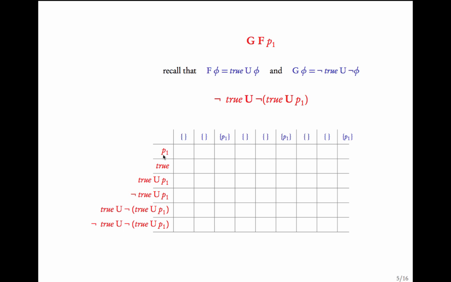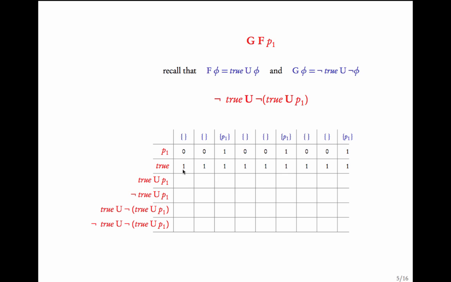Let us now evaluate each of these subformulae on this word. What about P1? Here it is 0, 0, here it is 1, here it is 0, 0, 1, 0, 0, 1 and so on. True is always 1. True until P1.